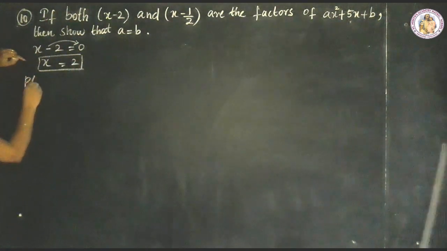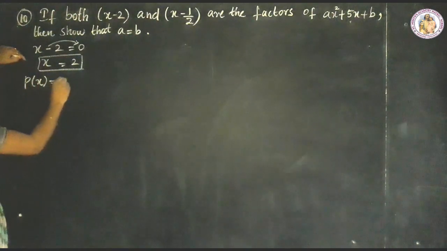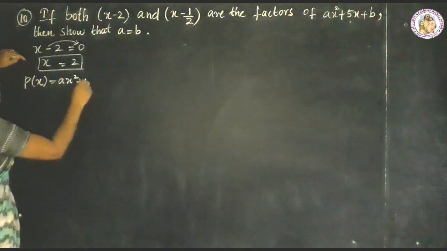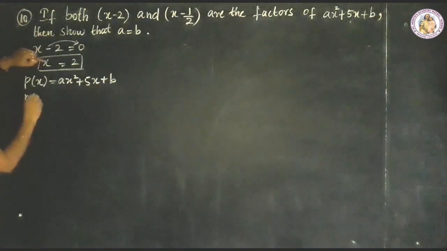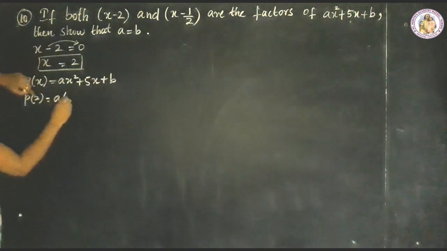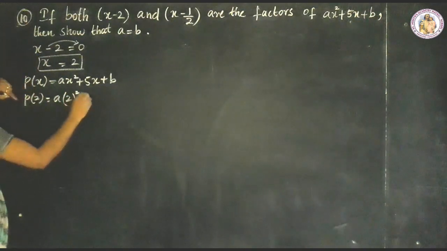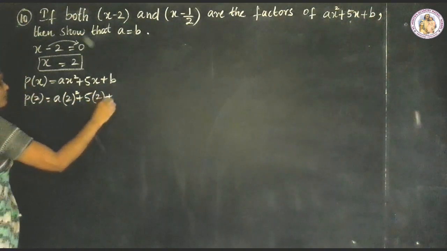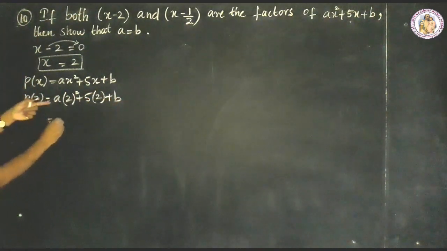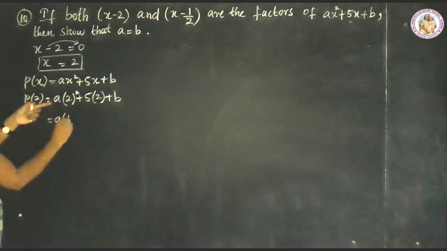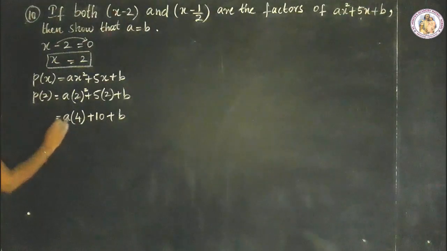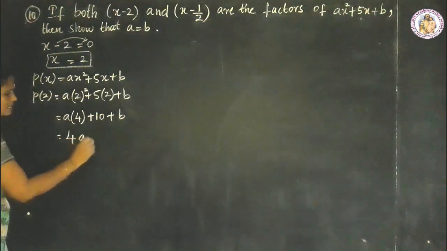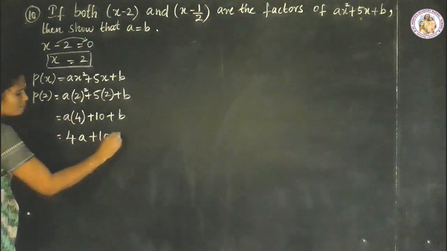So now take p of x is equal to ax square plus 5x plus b. In the place of x, apply 2. a 2 square plus 5 into 2 plus b. Now a into 2 into 2, 4, plus 5 2s are 10 plus b. 4 into a, 4a plus 10 plus b.